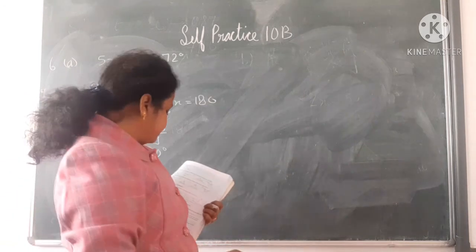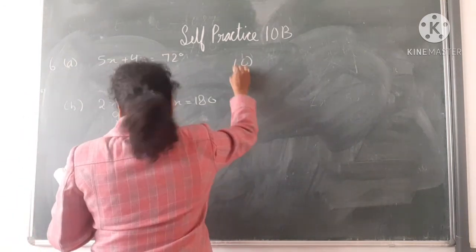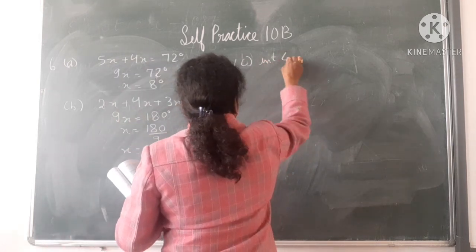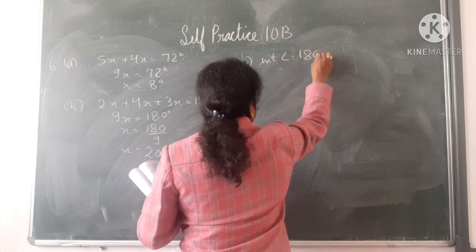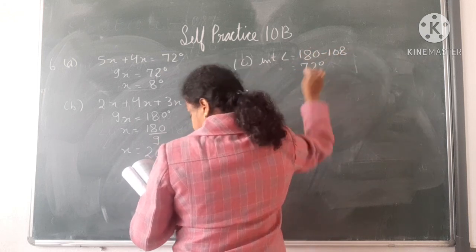Now see the C part. So the interior angle will be how much? 180 minus 108, that is equal to 72 degree.